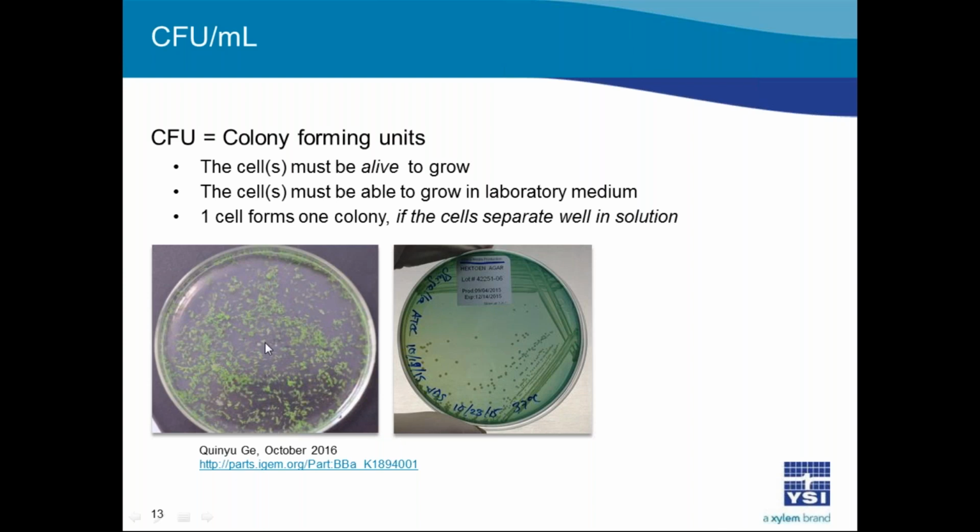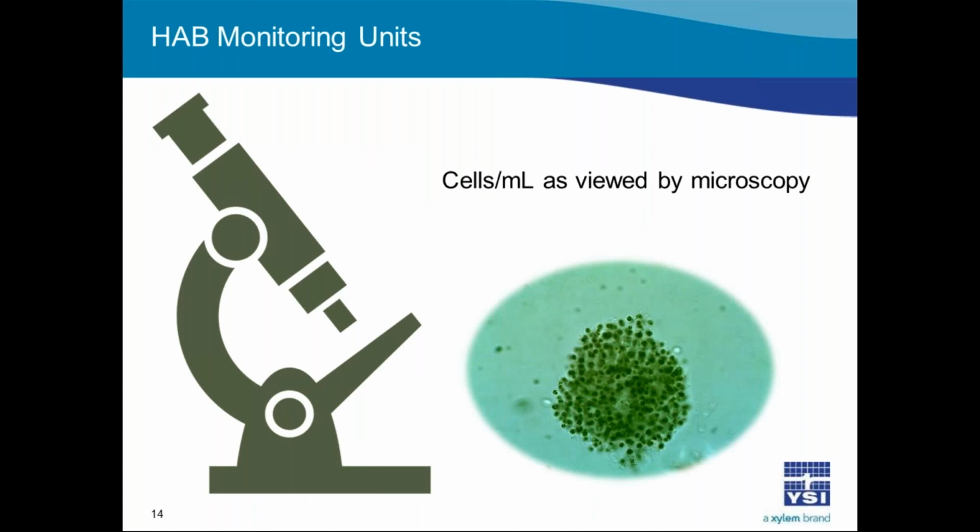It doesn't spread well at all. It's very hard to get good discrete colonies of Microcystis aeruginosa, and it really depends on the medium you use. So it's hard to get a good CFU. And for this reason, there can be a lot of variability in CFUs as determined by one technician versus another.